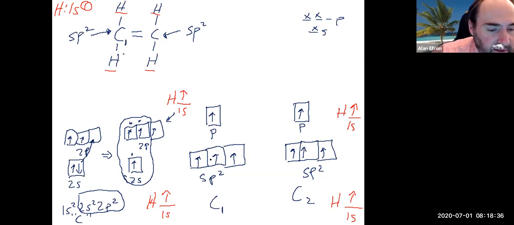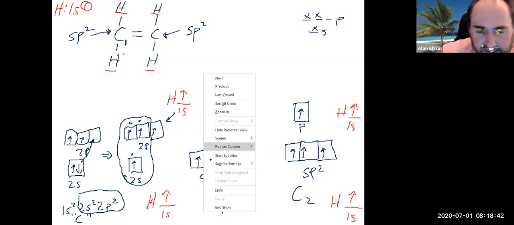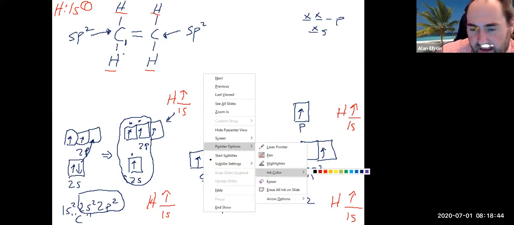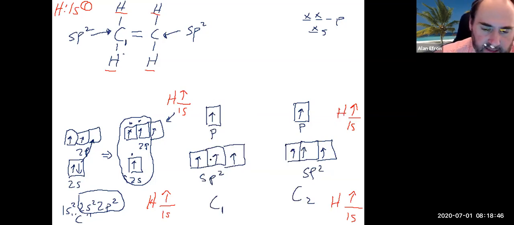So when we start to make the bonds, let's take a look at the bonds and see how all these guys come together and how it explains everything. We're going to start right here with this bond, the bond between the carbon and the hydrogen. For example, this sp2 from that carbon will go and bond with that hydrogen there.